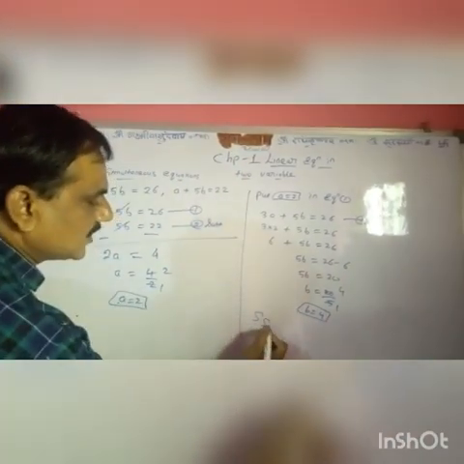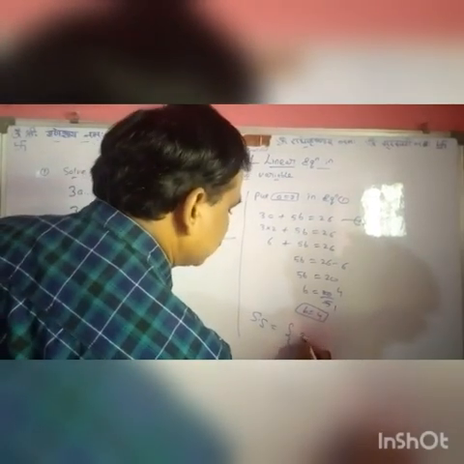We get the answer. Solution set is (a, b) equal to (2, 4).